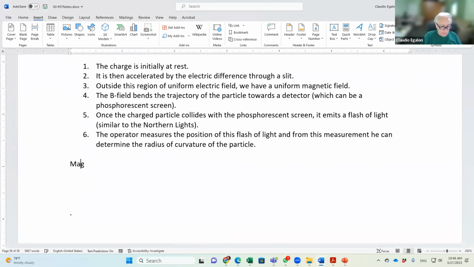Okay. Magnetic force applied to a current carrying wire.